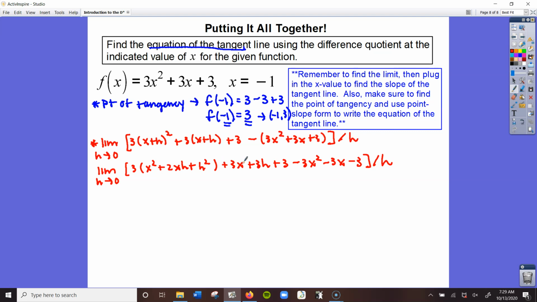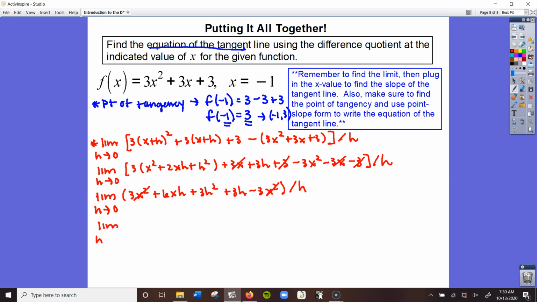I can already start canceling some things out. I can cancel out the 3x's. I can also cancel out the 3. So now I'm going to distribute this last 3, and I get the limit as h is approaching 0 of 3x squared plus 6xh plus 3h squared plus 3h minus 3x squared, and everything is over h. The 3x squareds cancel. And I can see in the numerator, now I only have terms left with h.